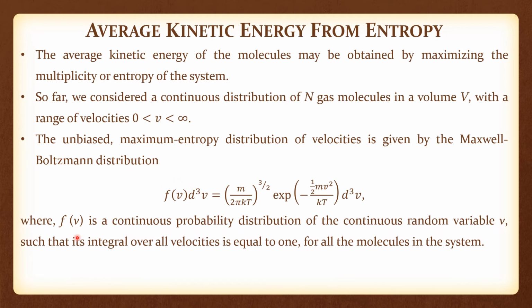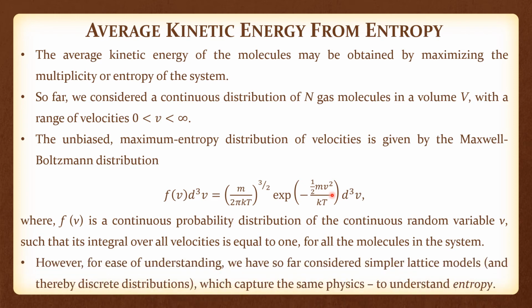Here f of v, by the way, is a continuous probability distribution of the continuous random variable v, because v can randomly vary between 0 and infinity, such that if you integrate over all possible velocities, the total probability should be 1 for all the molecules in the system. So this is the distribution, but we are not going to discuss this.